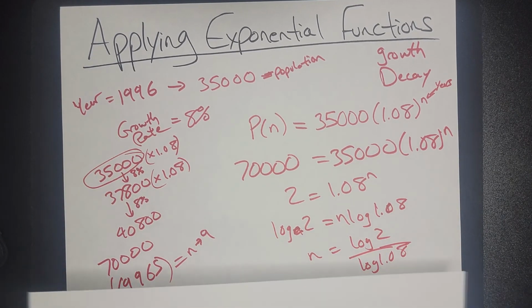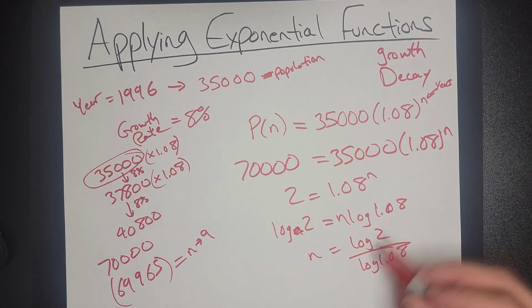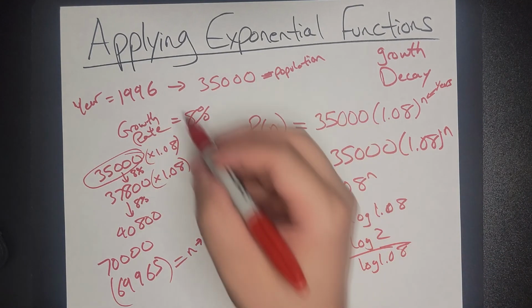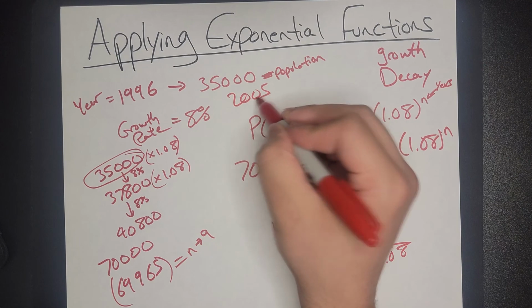That's just an intro to this. So 9 years means by 2005 the population will double, just to give closure there.